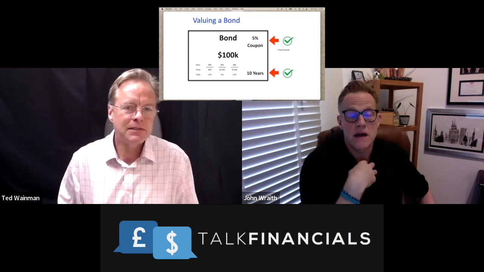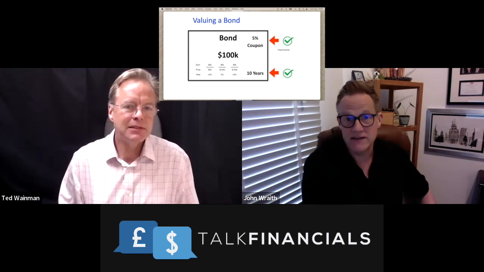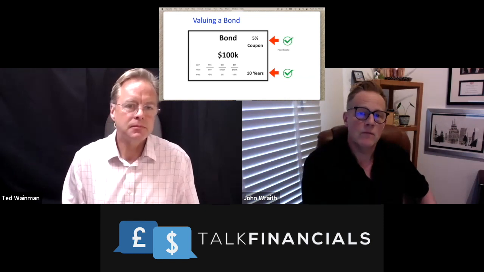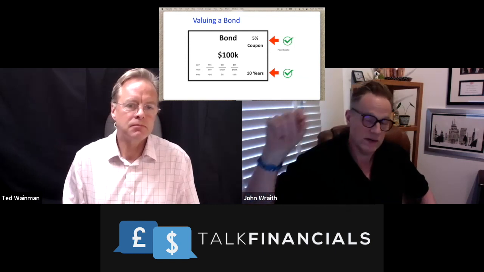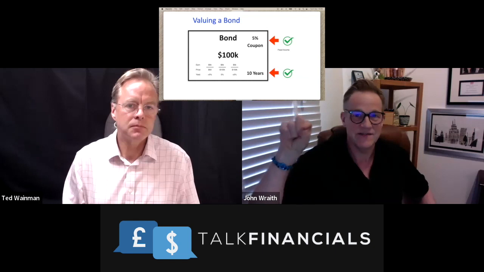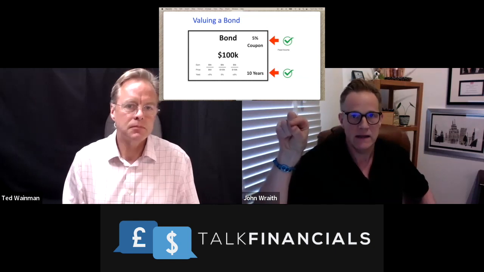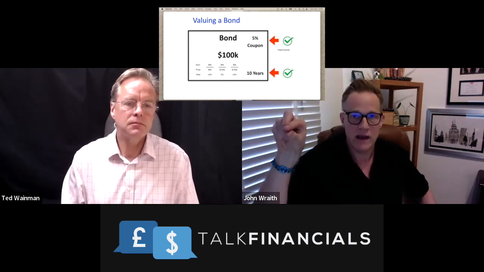One is the general interest rate environment. We're talking about a 10-year investment here. Let's say, as we indeed have, on day one, 5% is the fair value for a 10-year bond issued by the UK government.